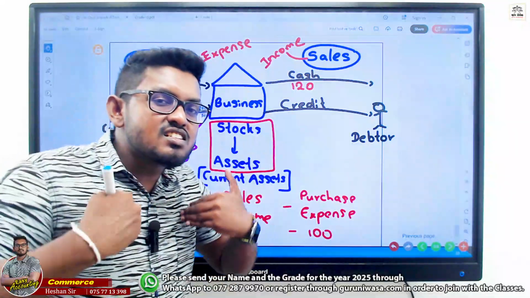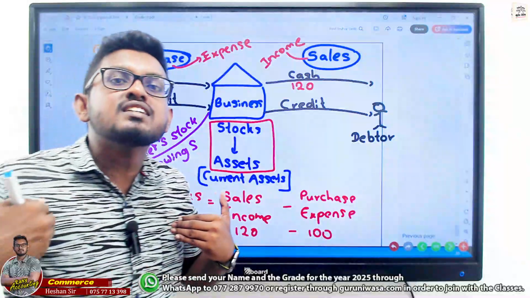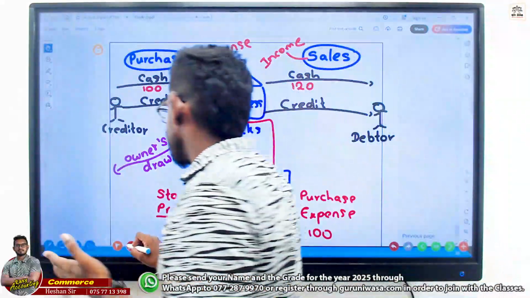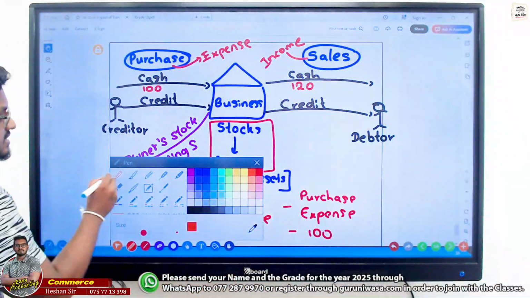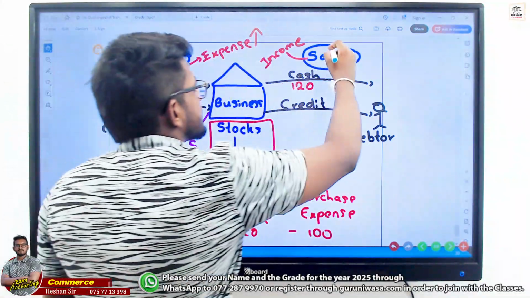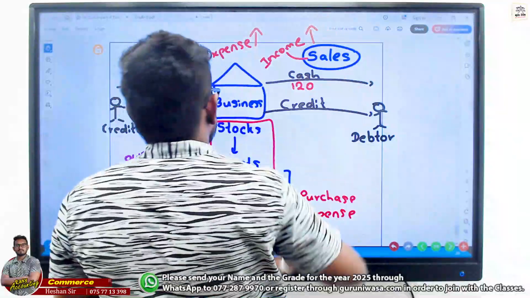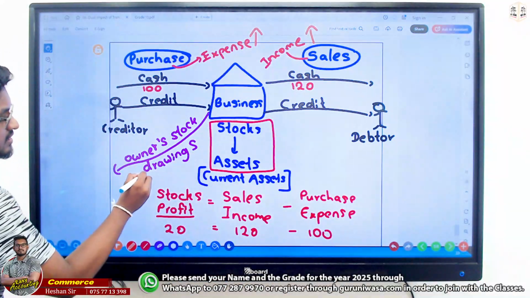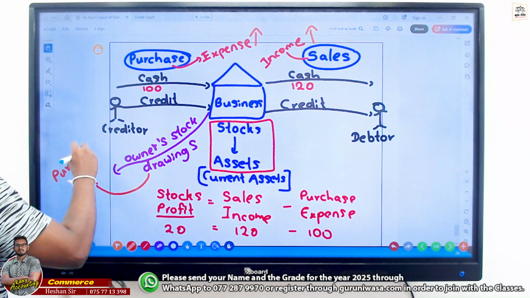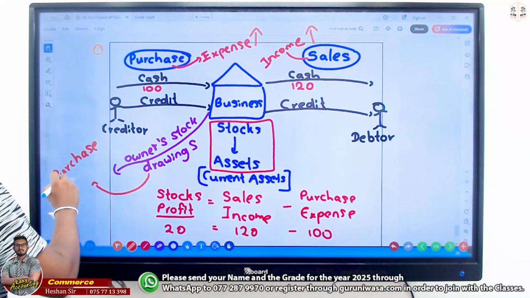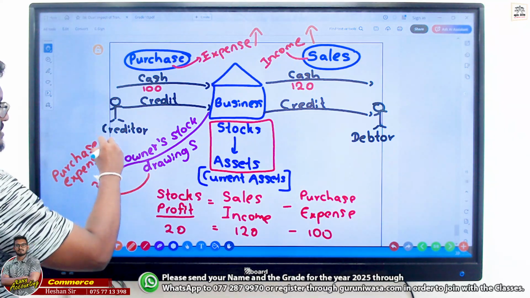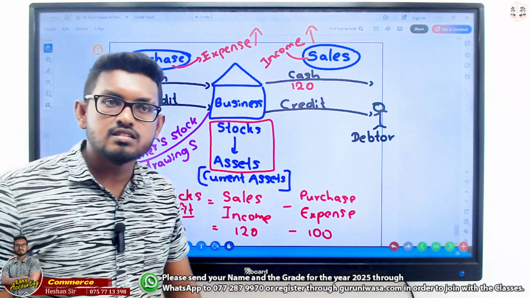When owner withdrew the purchased stocks, we need to concern as purchase expense decrease. ගද්දි purchase expense increase, sales income increase. හැබැයි අරගෙන යද්දි we concern as purchase expense decrease. ගද්දි purchase expense වැඩි වුණා නම්, අරගෙන යද්දි මොකද්ද කරන්න ළමයි? Purchase expense decrease කරනවා. Easy, clear to you guys?